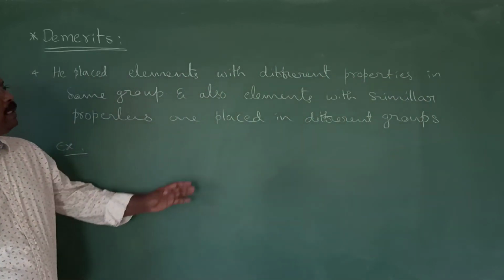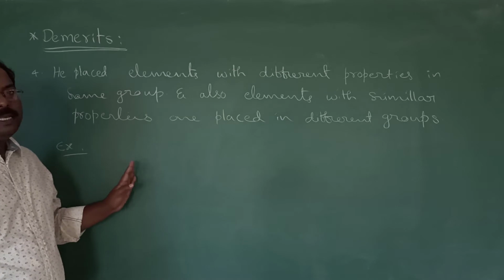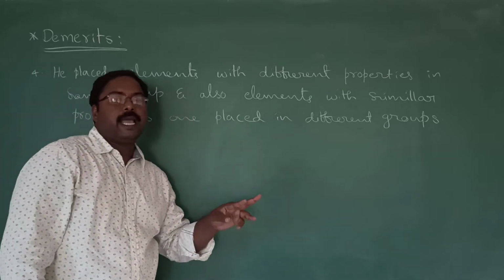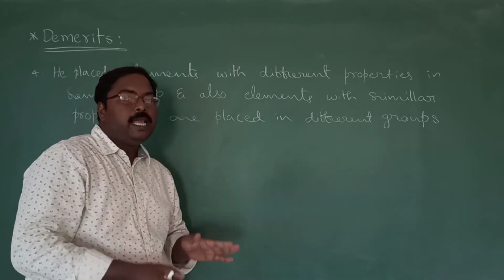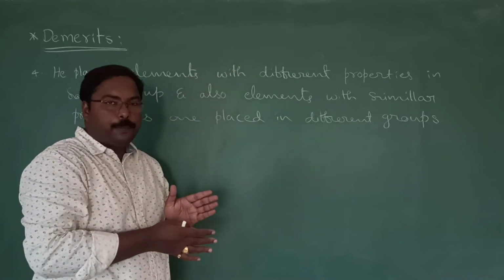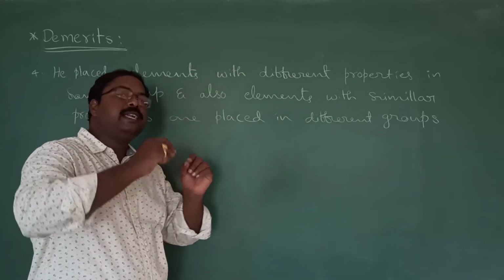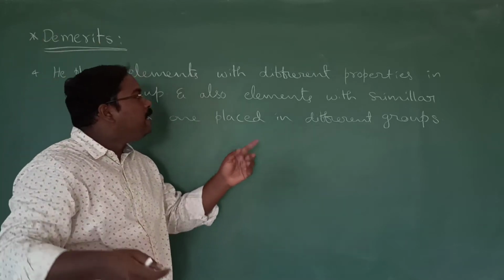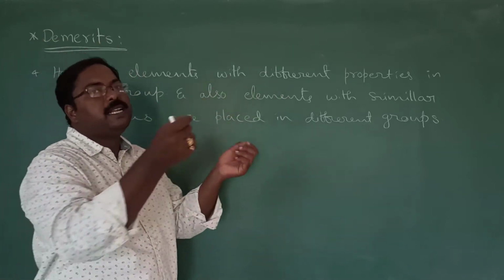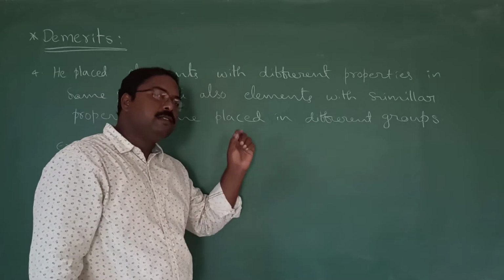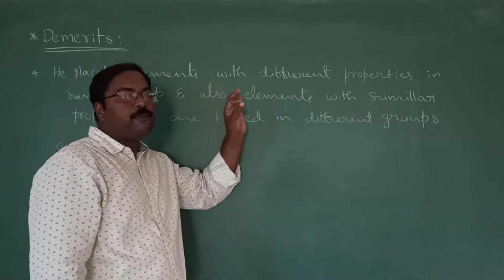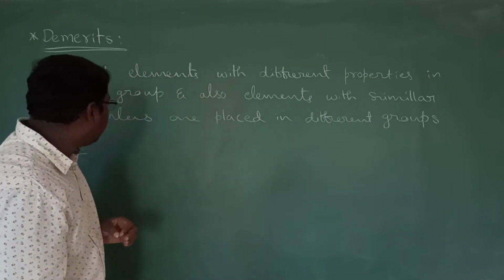Okay? Elements with similar properties are placed in different groups. Actually, a group means what? Elements with similar properties. Okay? But the elements which have similar properties are placed in different groups. The elements without similar properties are placed in the same group. Okay? So that is the main drawback of Mendeleev's classification.